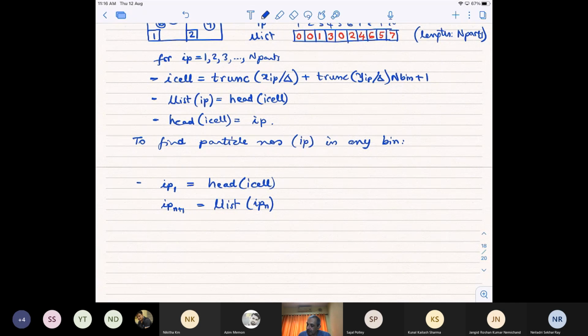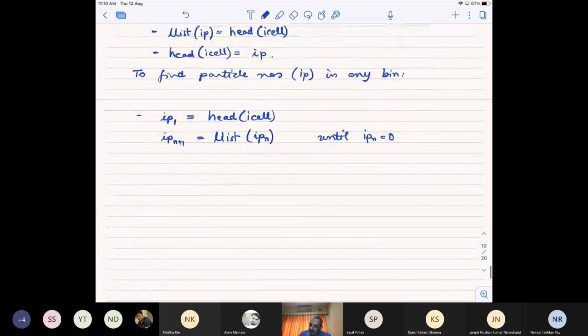So you keep on doing this recursively until IPN is equal to 0. So these are the two simple steps.